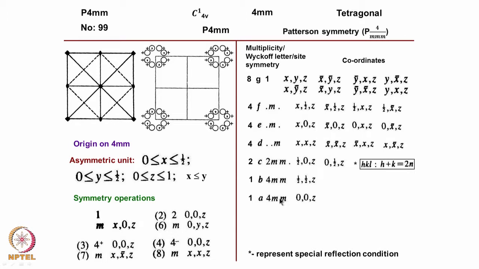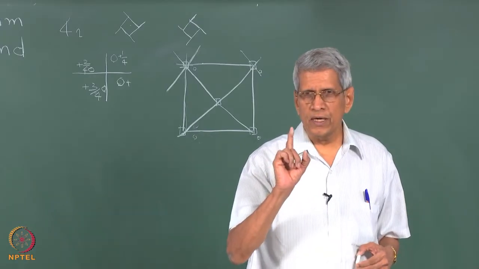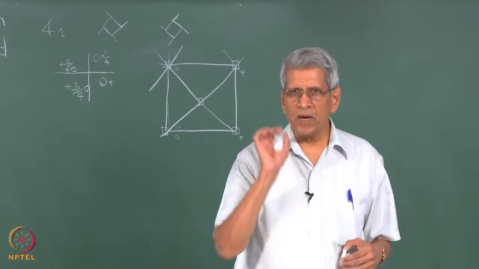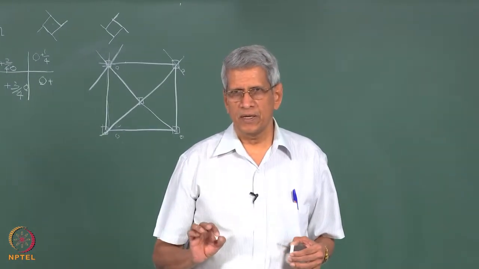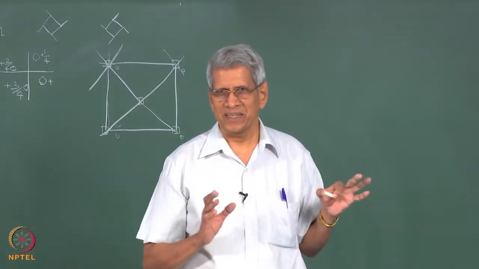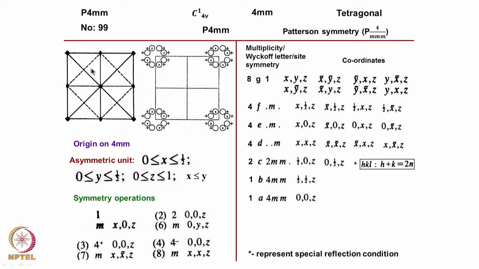So this is what it says: what is the symmetry of this site? This site has got a symmetry 4 mm, and since it exhibits the full symmetry of the crystal, you require only one atom, or one motif, to be placed at that point, provided the motif has got the full symmetry of the lattice. Then at this center also, instead of keeping it at that point, if we keep it at the center, then also we can do with one.